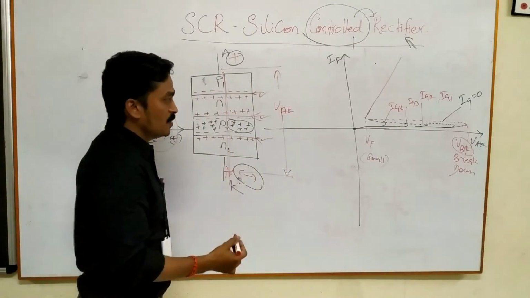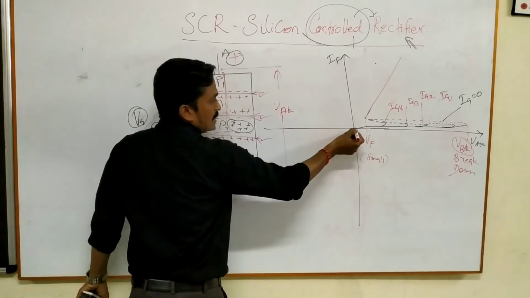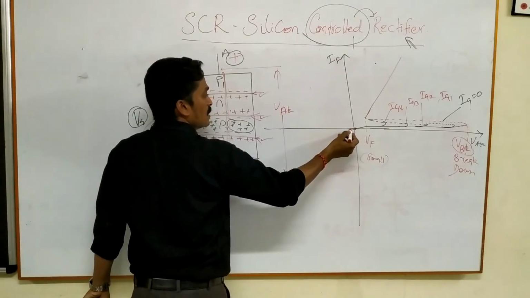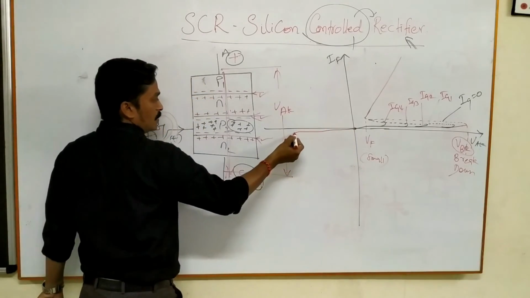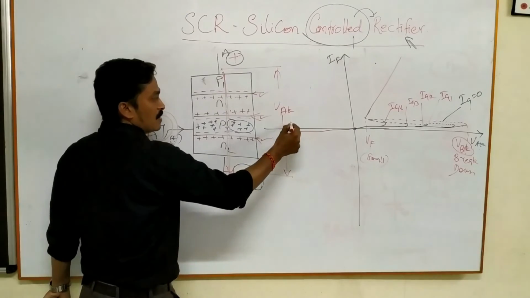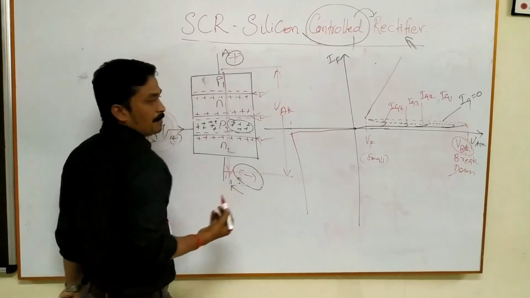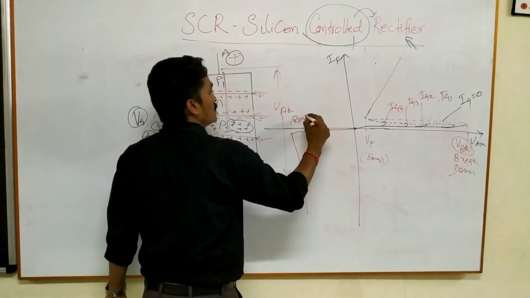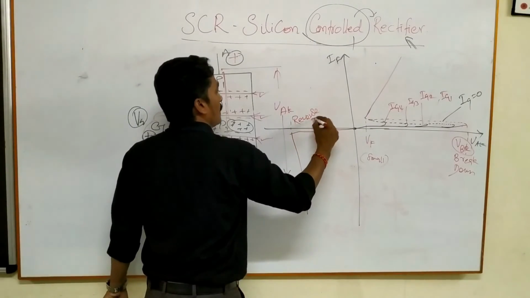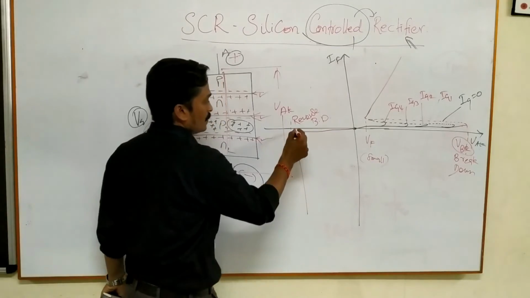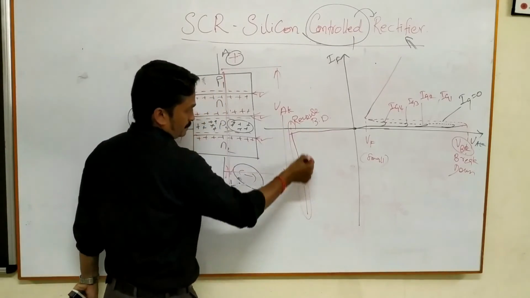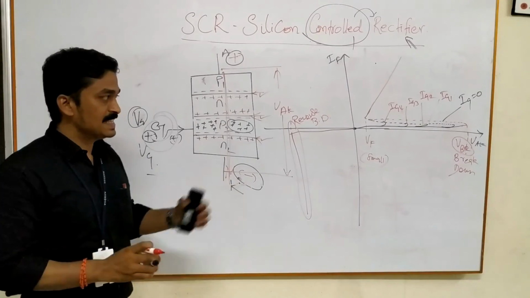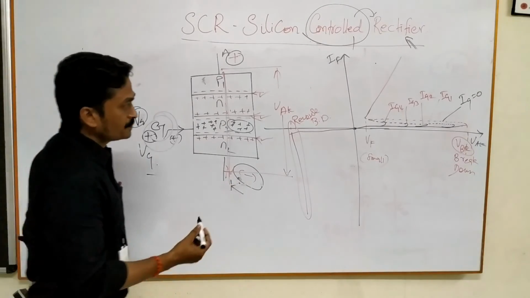And in reverse bias, what we discussed is that initially 2 junctions were reverse biased. So to break the 2 junctions we needed larger voltage, and once we apply larger voltage, a breakdown happens, and that will spoil the diode actually. And this is the reverse breakdown over here. And this is the characteristics of the SCR, right?